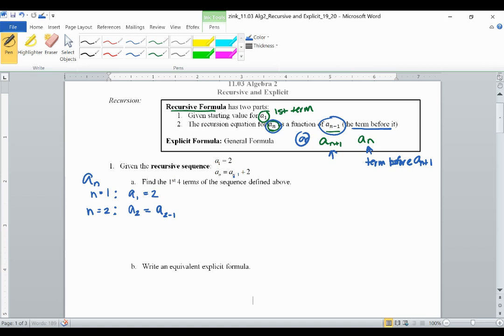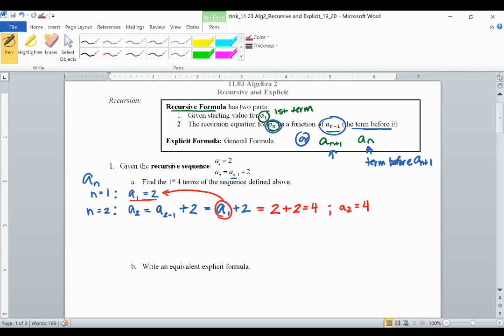So that n here becomes a 2 plus 2. Well, what does that mean? Well, 2 minus 1 is 1. What is a sub 1? Well, a sub 1 is 2. So this is really 2 plus 2, which is 4. So my second term, a sub 2, is 4.